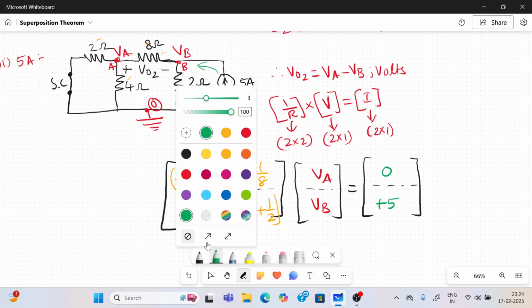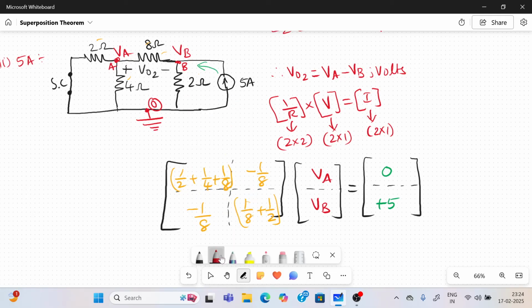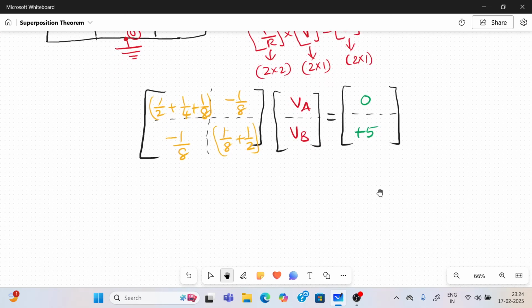What are the voltages VA and VB? They can be solved by Cramer's rule, the matrix method, or equation mode.